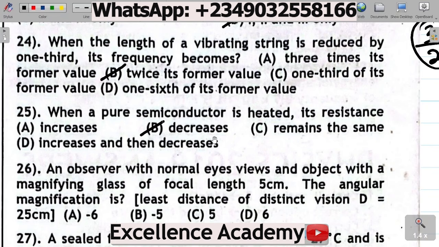When you heat these semiconductors, you produce more charges, and that creates a condition where the semiconductors now have better conductivity. There is an inverse relationship between conductivity and resistivity. In essence, more conductivity would lead to less resistivity. So that means the resistance will be reduced or decreased. So the correct answer there is B, decreases.